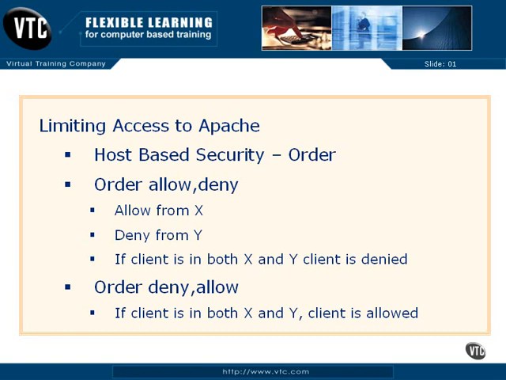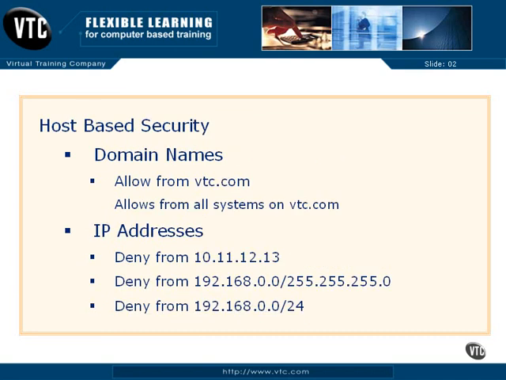With that established, the Allow from and Deny from statements are fairly easy to configure. You could use partial domain names, such as allow from vtc.com, which would allow access from all systems on the vtc.com network.